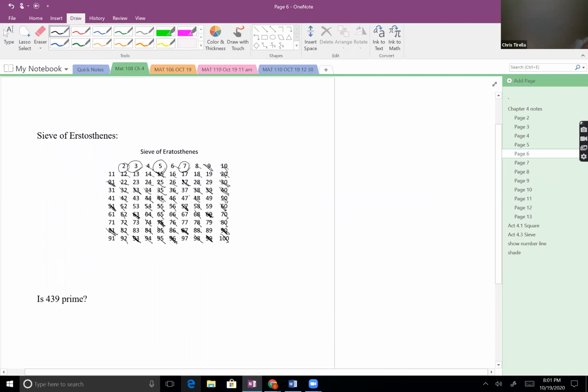Then we'll circle the 7, cross out all the multiples of 7. And we can get those by just counting every 7th number.